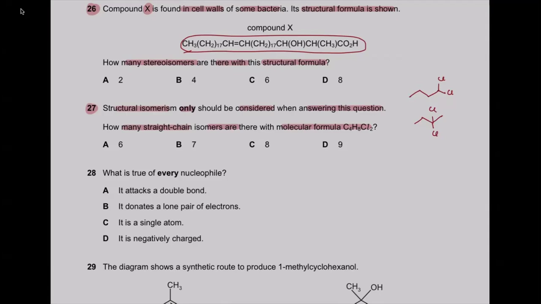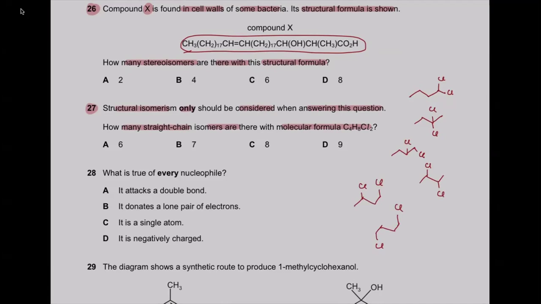If I move further, they are going to be the same. If chlorines are on first and second, third isomer; if on second and third, fourth isomer; if on first and third, fifth isomer; and if on fourth and first, sixth isomer. I think we can make six isomers.